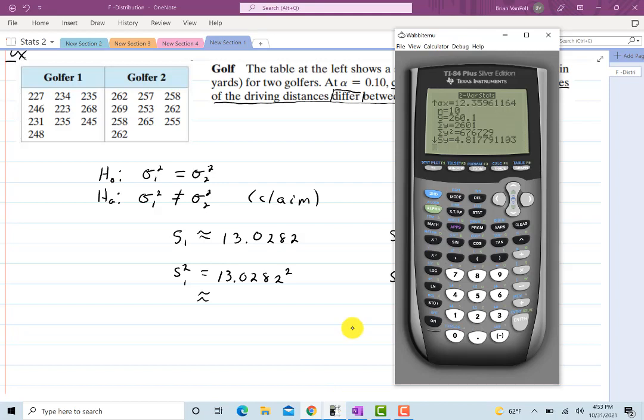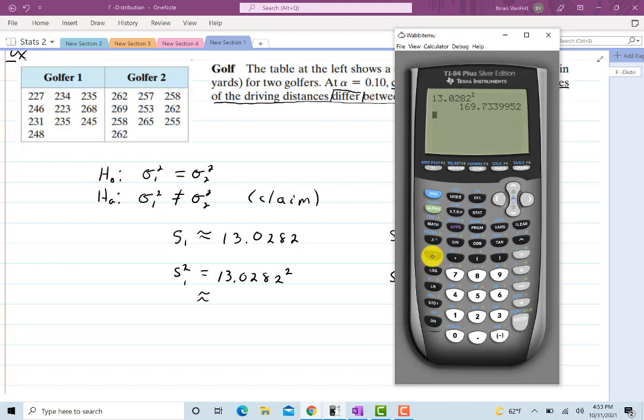Here, I'll probably round to 4 decimal places. Let's take care of that one. As I recommend every time, quit the application you're in first before you go and start doing anything else. Then square it. Enter.